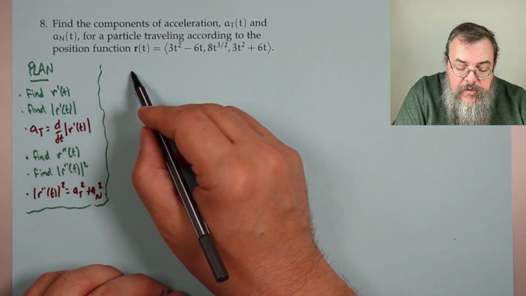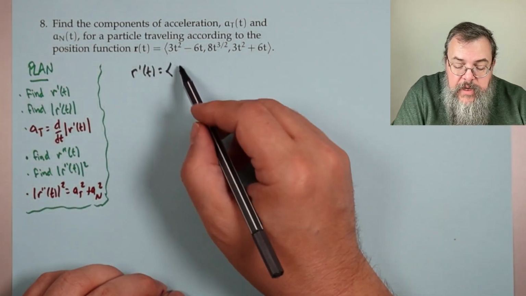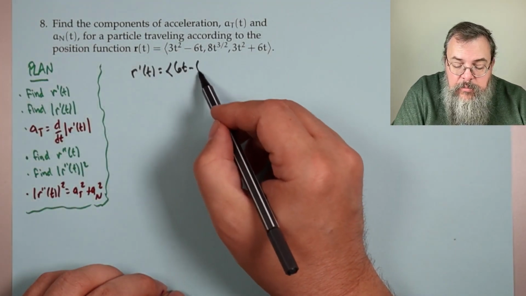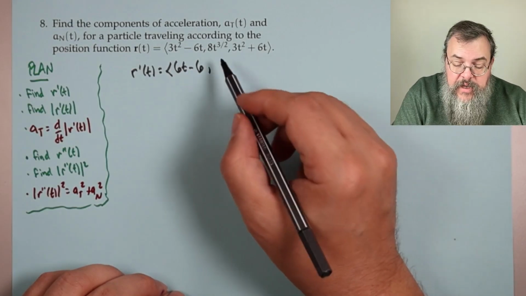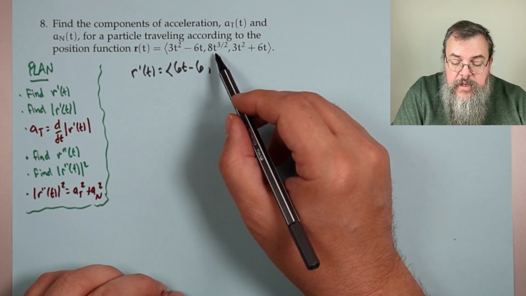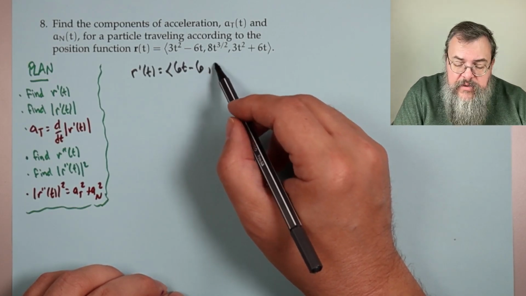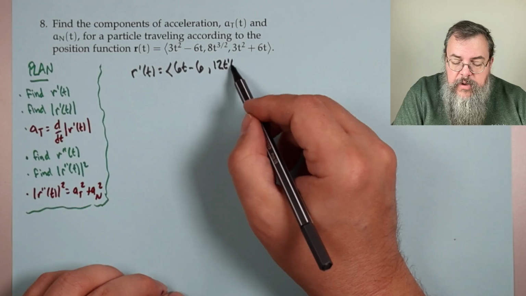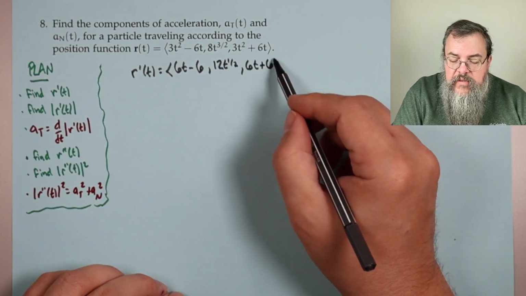So let's start. We have r prime, and that would be 6t minus 6. The 3/2 power comes down, and that will leave us 8 times 3/2. That's 24 divided by 2, that's 12, t to the 1/2. Then we have 6t plus 6.